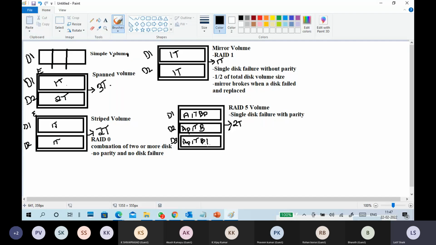So what is the advantage of this one? You have data in disk 3 and the parity bit stored on another disk. The advantage of the parity bit is, if a disk is damaged, you replace it with a new disk and resynchronize.